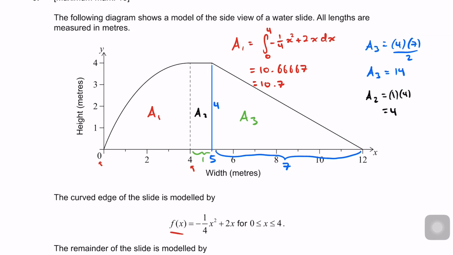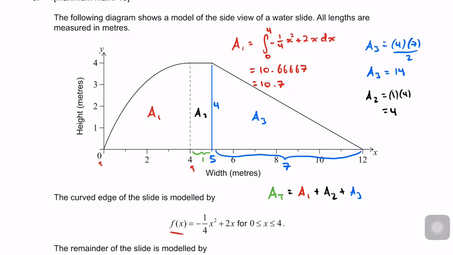Oops, I realized that these aren't correctly color coded. This was A3. All right, so the area of the total is equal to A1 plus A2 plus A3.